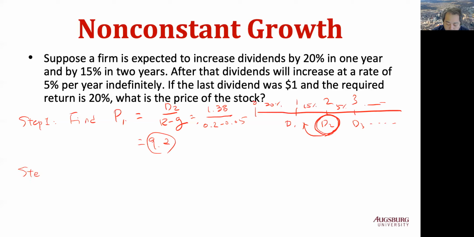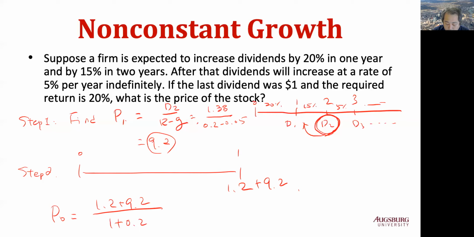Then step 2, now you have only 1 year of cash flow. So you have D1, which is 1.20, and you sell it at 9.20. So let's sell it next period. Then the price will be 1.2 plus 9.2 divided by 1 plus 20%.